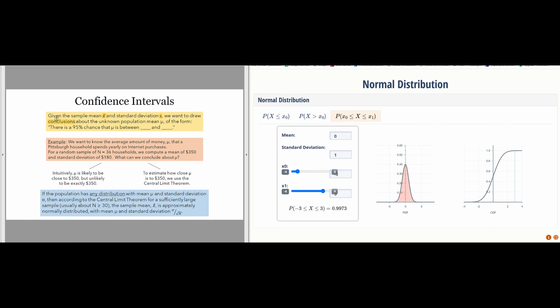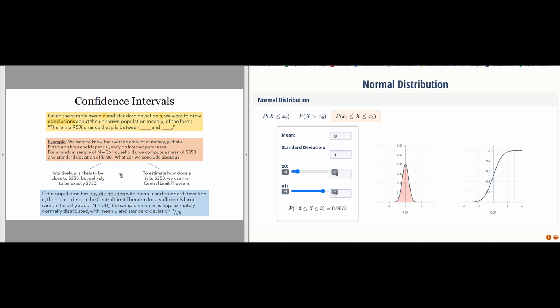We want to be able to say things like, there's a 95% chance that the true population mean falls between, let's say, some x bar sub 0 and x bar sub 1, some range of possible values.